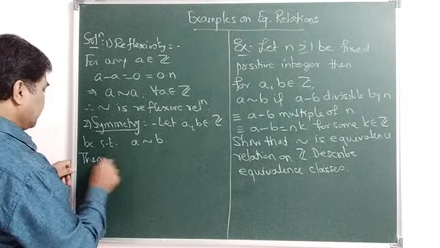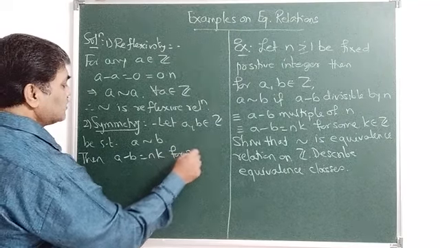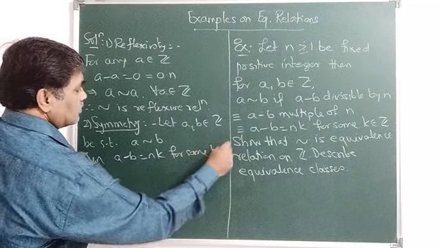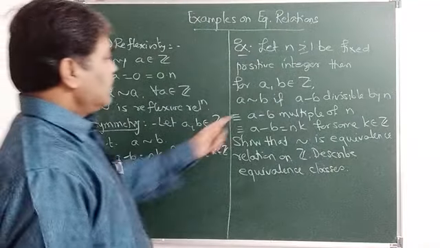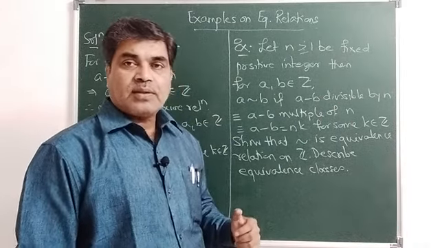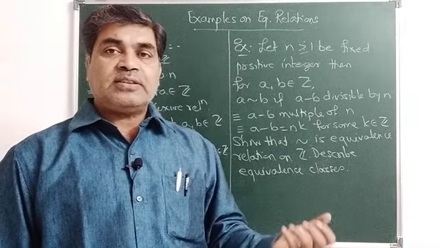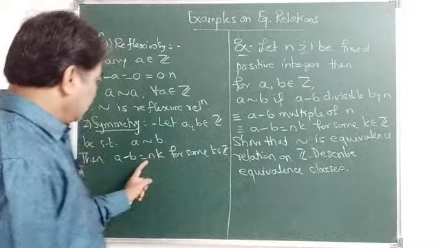Then a minus b is equal to nk for some k belongs to Z. If you write in terms of divisibility, n divides a minus b, and therefore a minus b is a multiple of n, and then you will get this step.